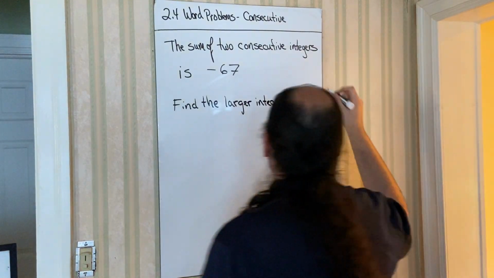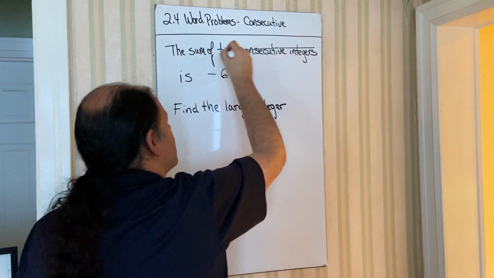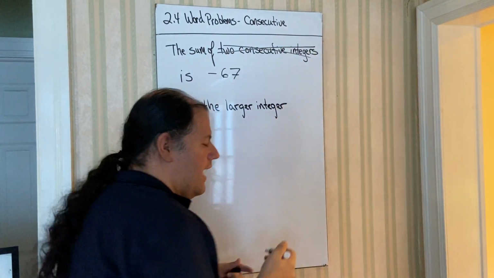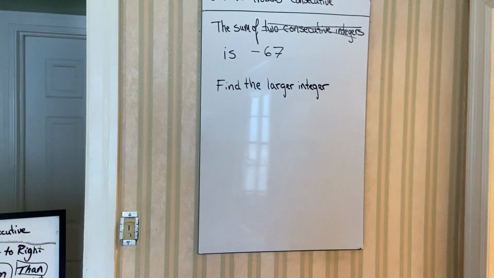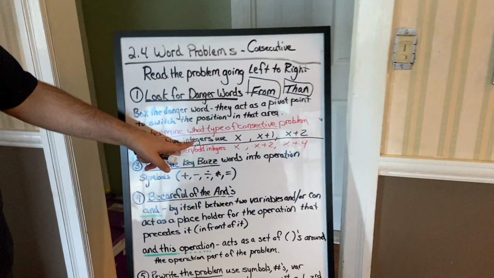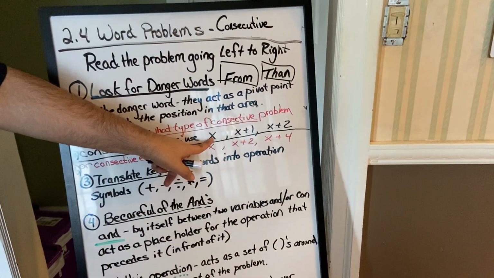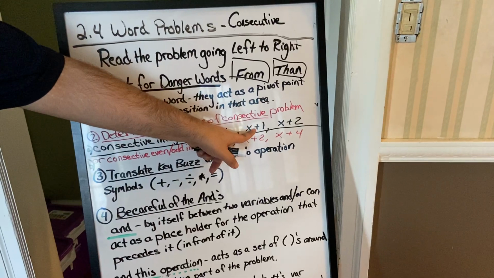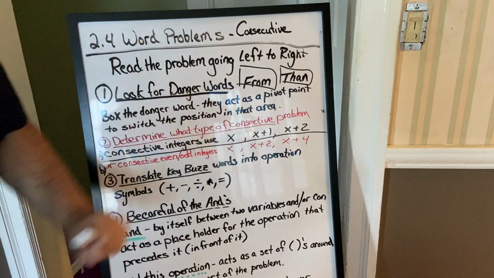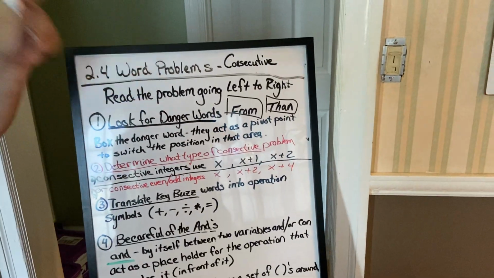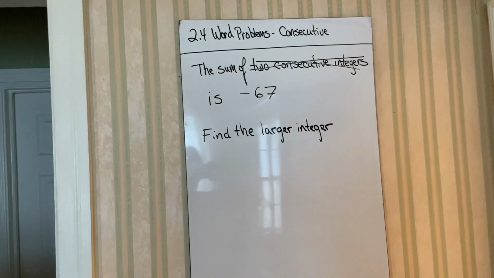So then that just tells me, cross this out, and know that we are going to be using the top one here, A, consecutive integers. We're going to be using x, x plus 1, and if it asks us for 3 consecutives, x plus 2.